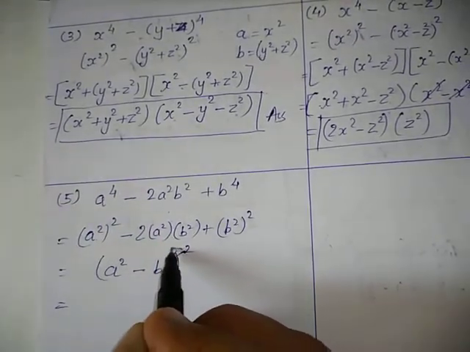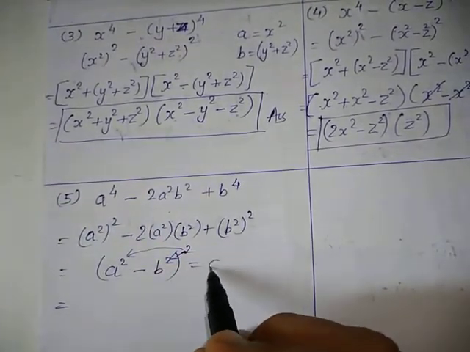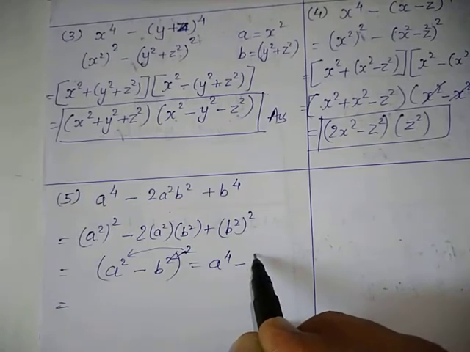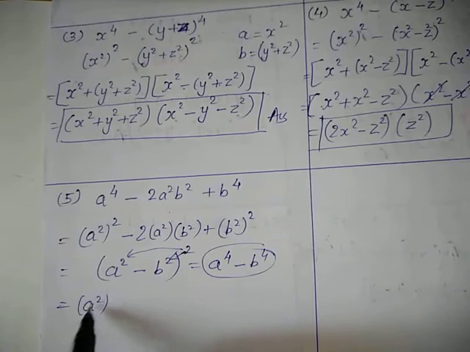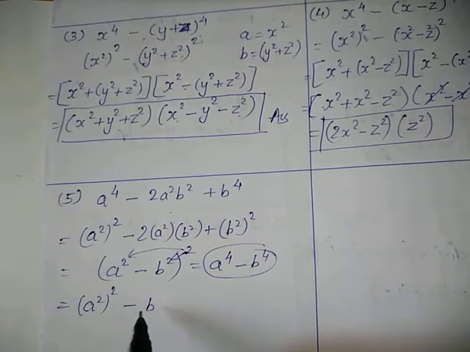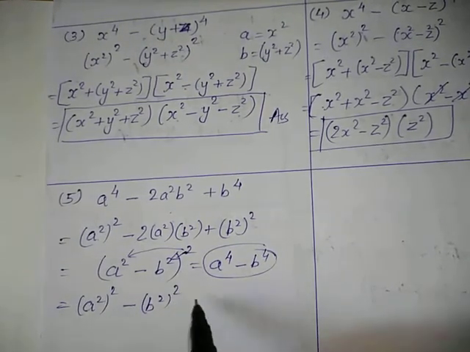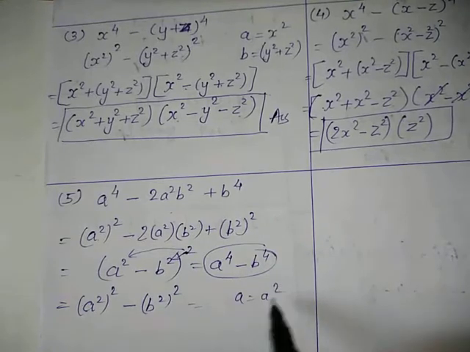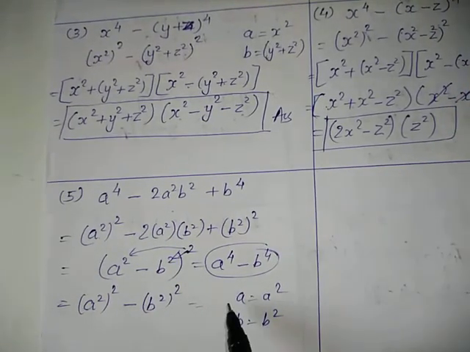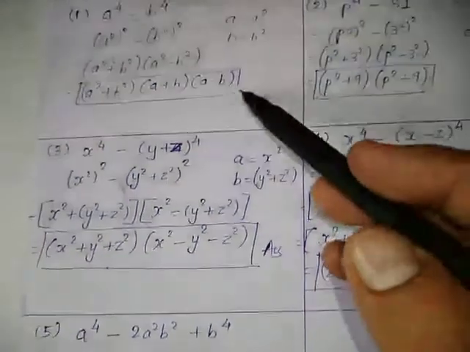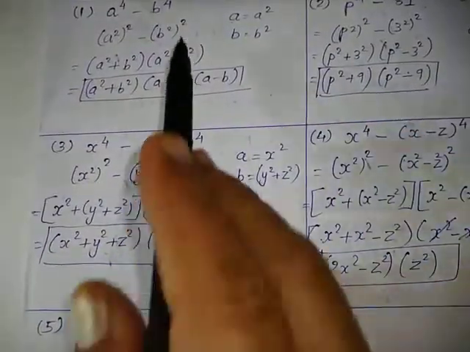This is power of this one also and this one also, so it will be a raised to 4 minus b raised to 4. Now this we can put like a square whole square minus b square whole square. So our a is equal to a square and b is equal to b square. Already we have done for this. Already in the first question we have done like this, the same procedure now.